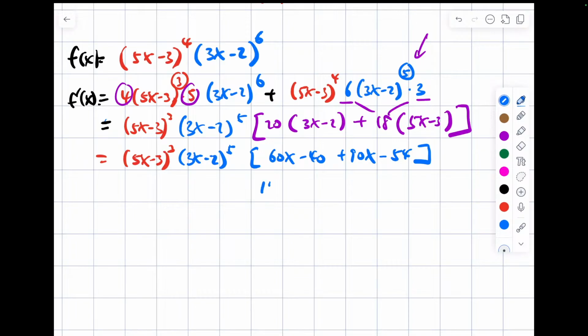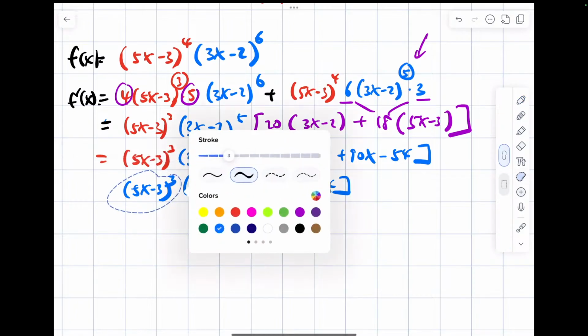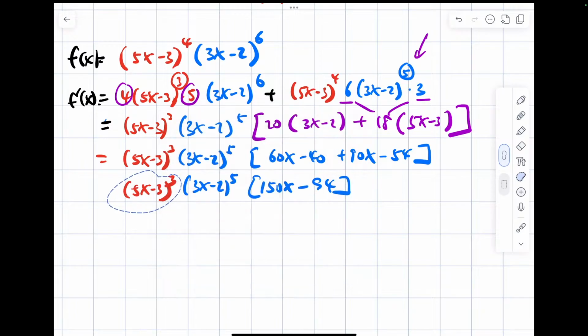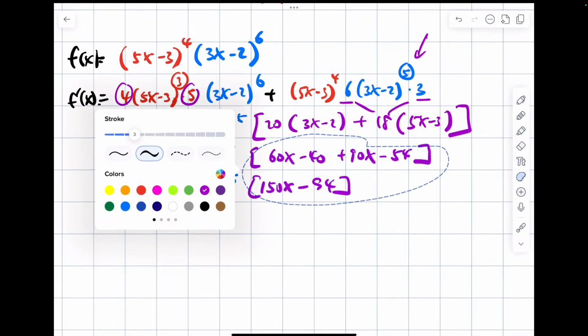That gives you 150x minus 94. So this is 3x minus 2 to the fifth, this is 5x minus 3 to the third. Again, this is red, this is blue, and the last one is purple. I color code everything so you guys can see it better.